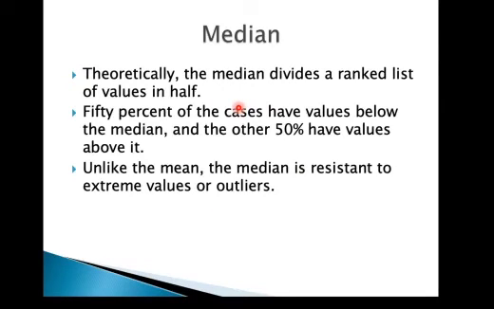Now, theoretically, the median divides a ranked list of values in halves, so that 50% of cases have values below the median, and the other 50% have values above it. And this statement is not only theoretically true, but exactly true if n is even.